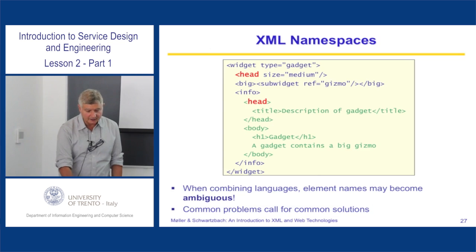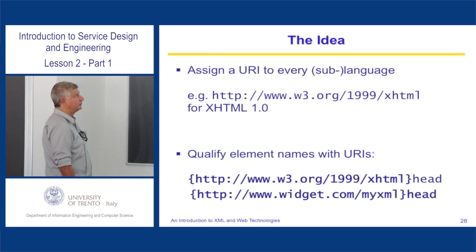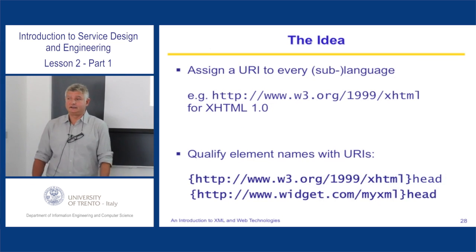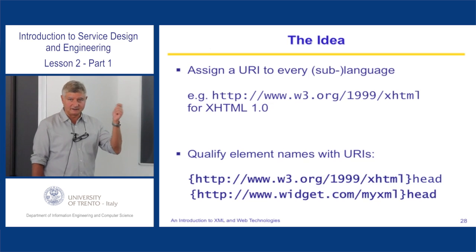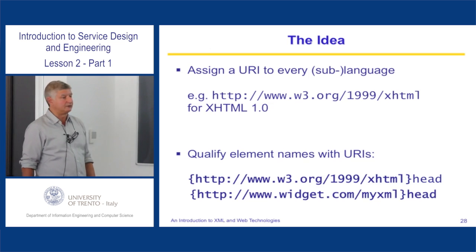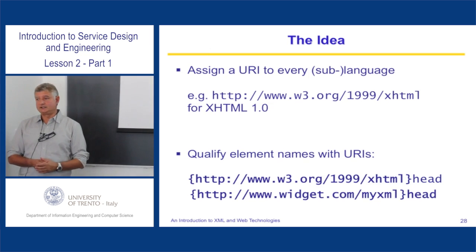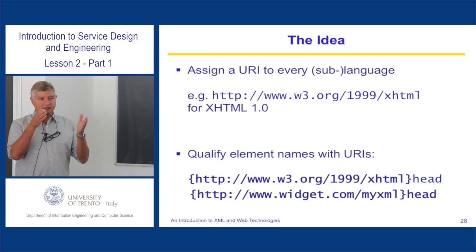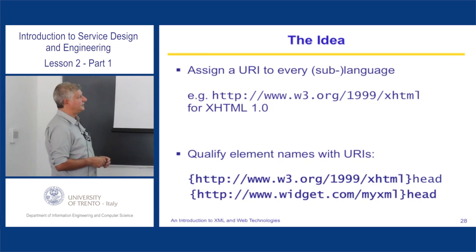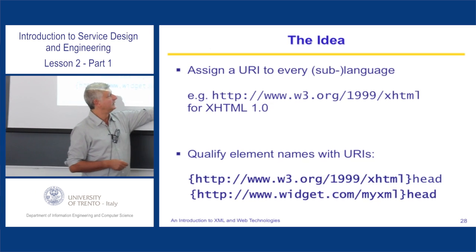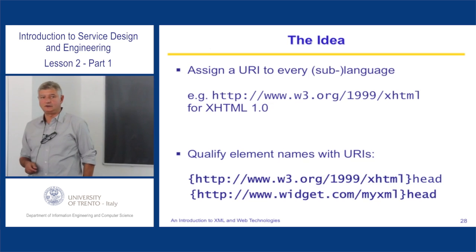For every language, you define a specific sublanguage, and you identify it the web way, giving it a uniform resource identifier that identifies it individually. So you can write your own markup language, give it a new URI so that everybody in the world can find the specification, and then you just have to specify in front of your specific tag what sub-language you are using.